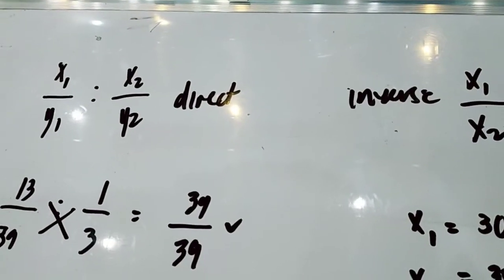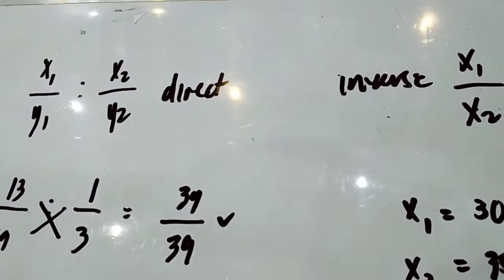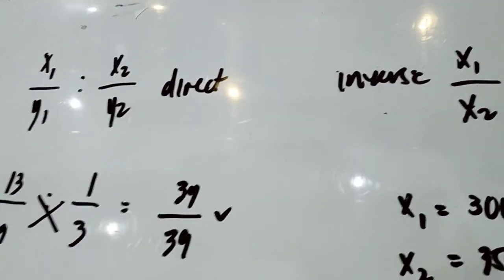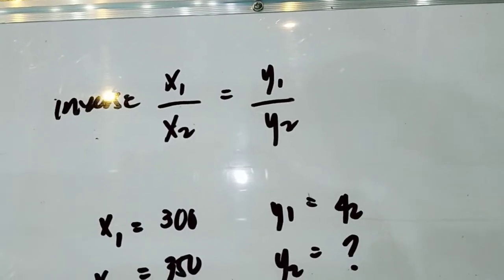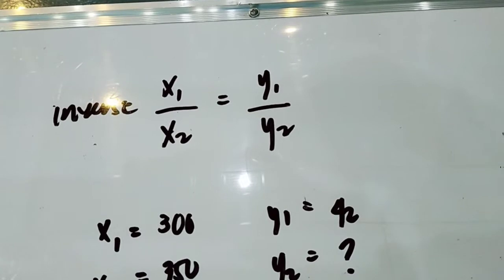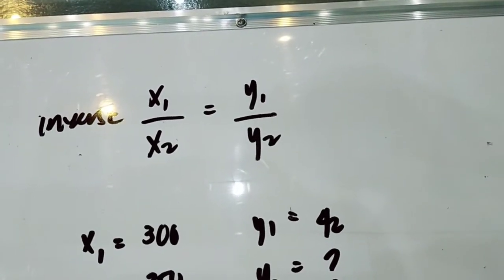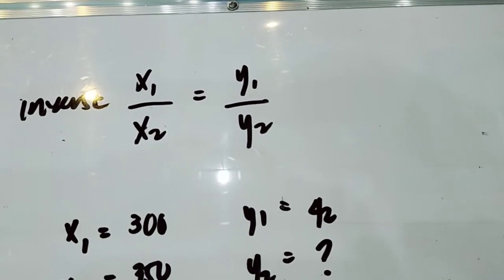So for direct, you have x sub 1 over y sub 1 is to x sub 2 over y sub 2. For inverse, x sub 1 is to x sub 2, y sub 1 is equal to y sub 1 over y sub 2.